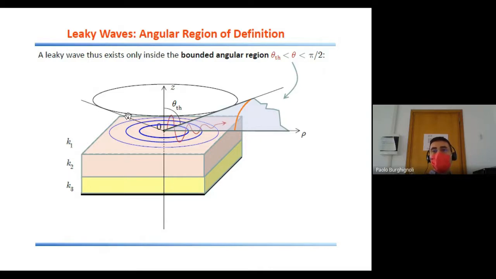I have indicated the shaded area only in one cut, in the rho z plane, but you can imagine that this region is rotated around the z-axis. Inside this shaded area, the leaky wave exists. That is, the relevant leaky wave pole is captured in the deformation of the integration path from the original one to the steepest descent path.